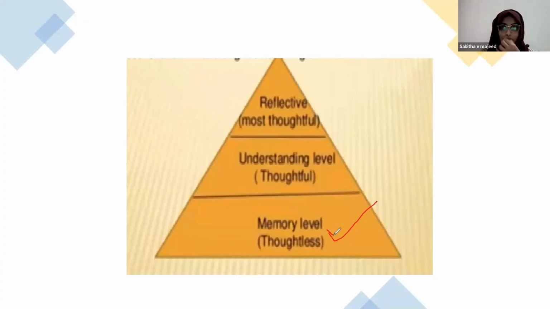The student need not think much at this level, which is only focused on the memory capacity of the student. When it comes to the understanding level, it is called thoughtful level of teaching. This level requires some thinking capacity from the student.